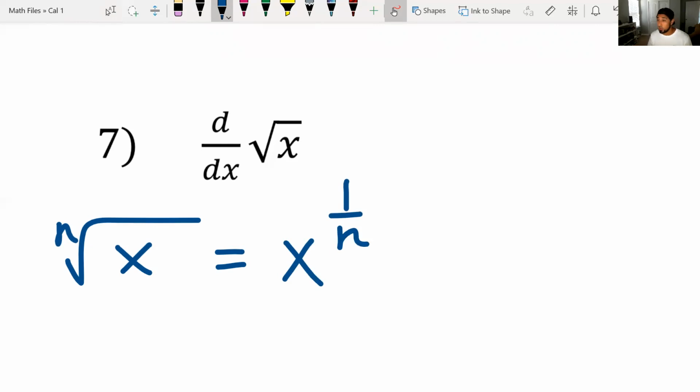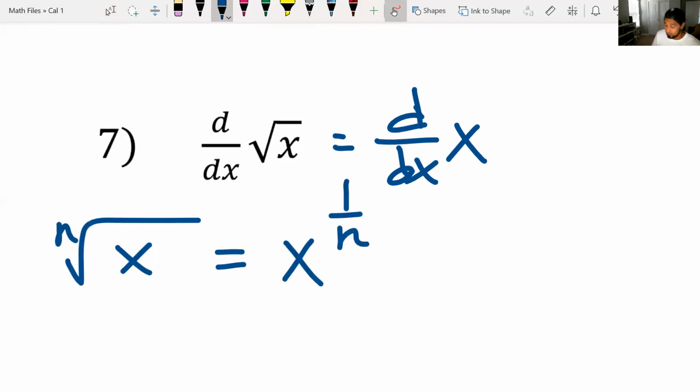Since this is the square root of x, this can be rewritten as, first, d over dx of x to the what power? The square root of x is the same as x to the 1/2. And now, we put it in the proper form so we can take the derivative using the most popular rule for derivatives, power rule.